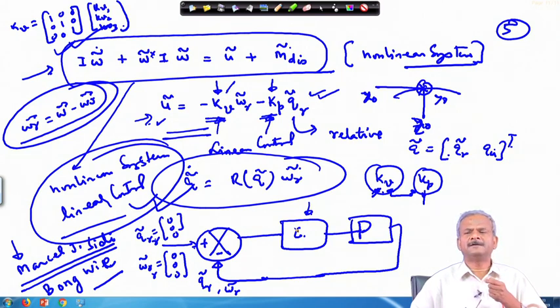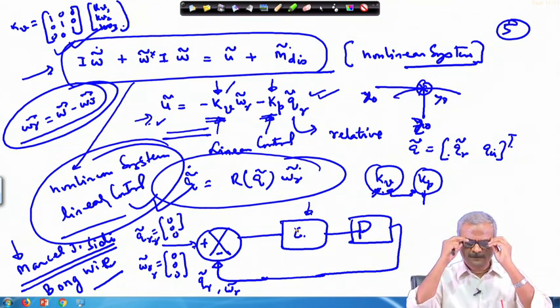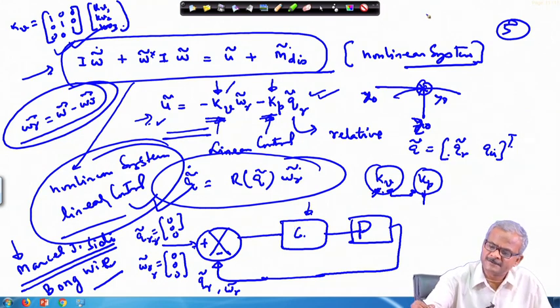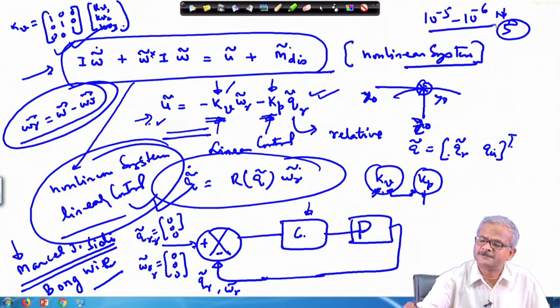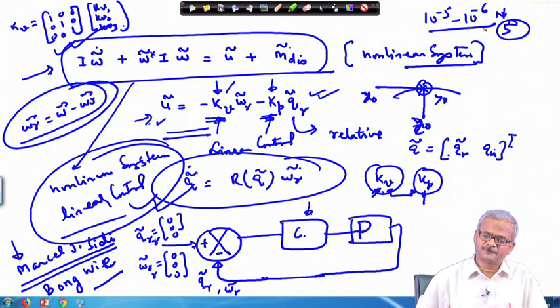Okay. So, in that case the thruster is fired for a very small time, and the thrust produced is of the range from 10 to the power minus 5 to 10 to the power minus 6 Newton, okay, for the micro thrusters.